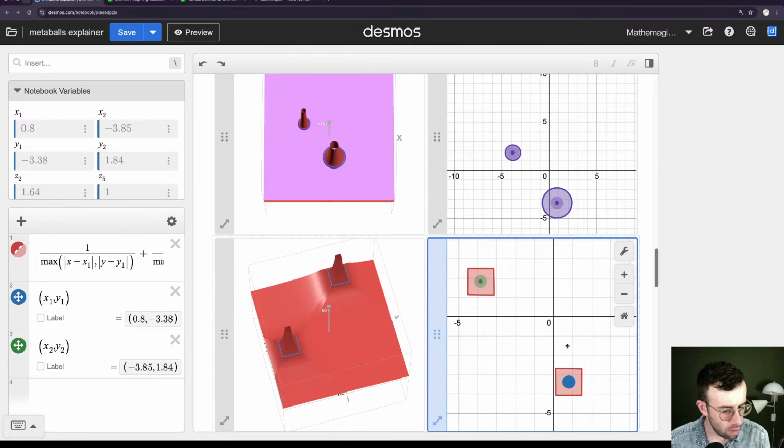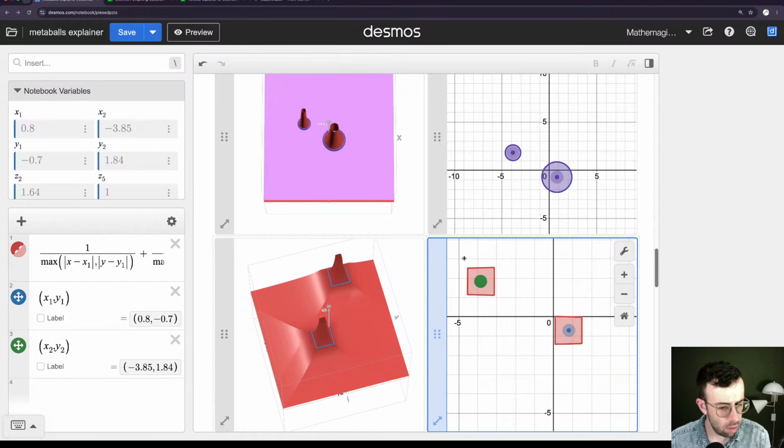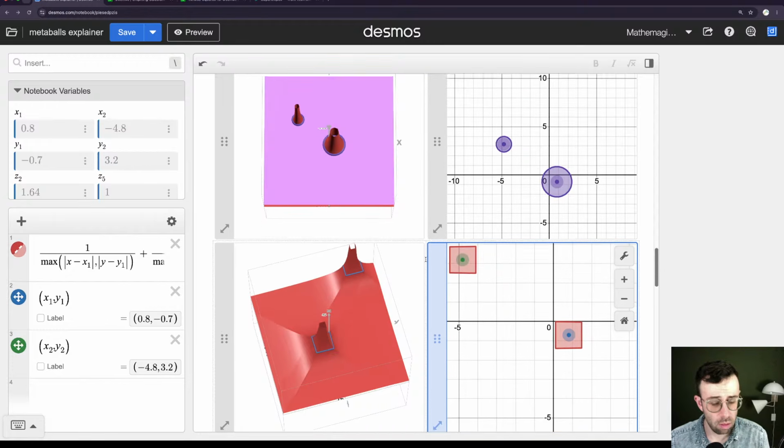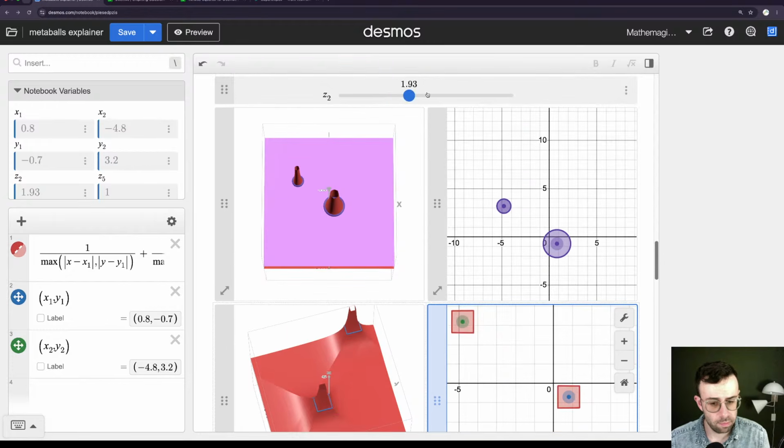Kind of off though, no? Yeah, kind of like a square.